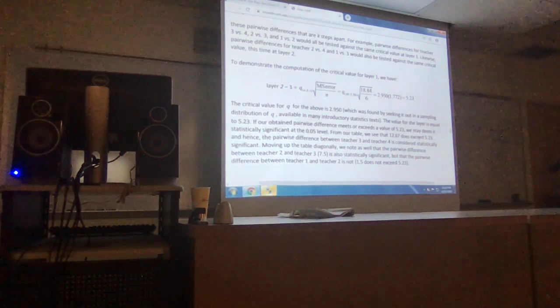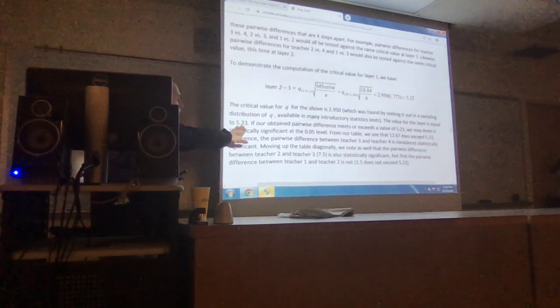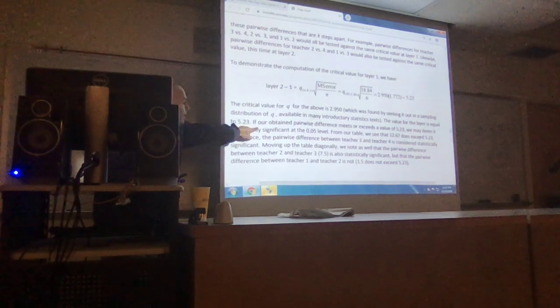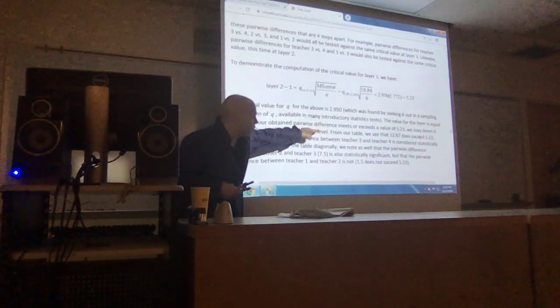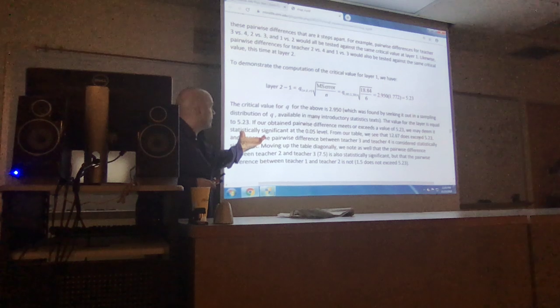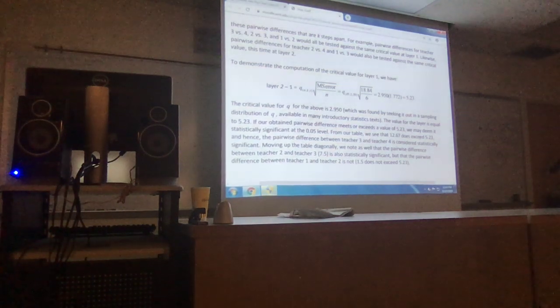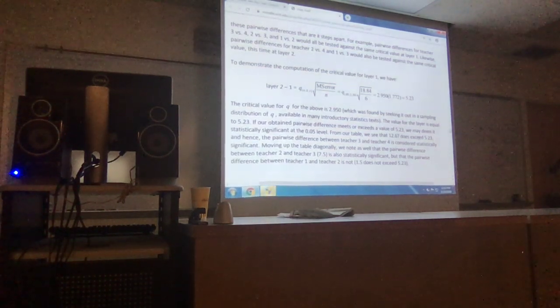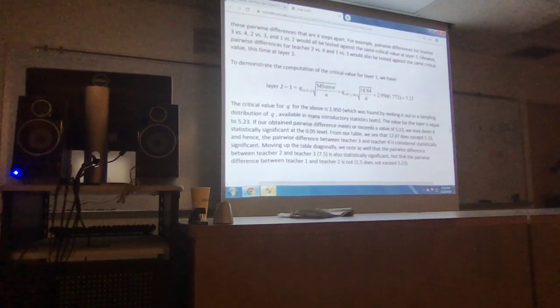So when we look at it in software, it's computing a Q. The value of the layer is equal to 5.23. So we say if our obtained pairwise difference meets or exceeds a value of 5.23, we may deem it statistically significant at the 0.05 level, right? That's all it is. There's your layer, there's the mean difference that you need to pass for you to reject that null hypothesis.